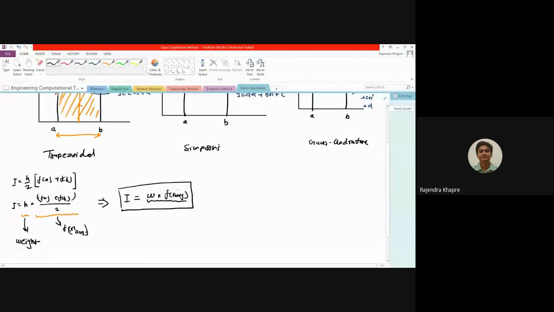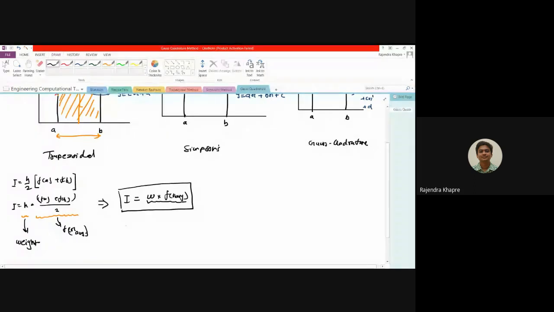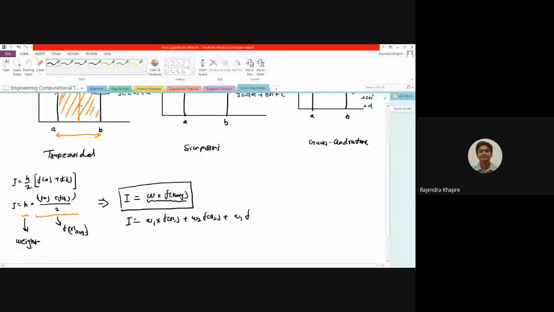Now if you take intermediate intervals, in that case what is going to happen? This particular expression will become something like w1 into f of, let us say, x1 plus w2 into f of x2 plus w3 into f of x3 and so on.